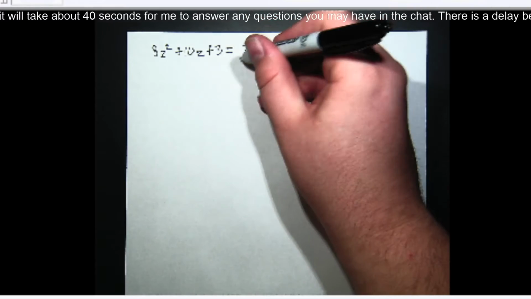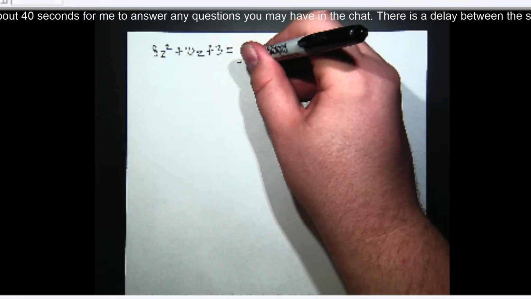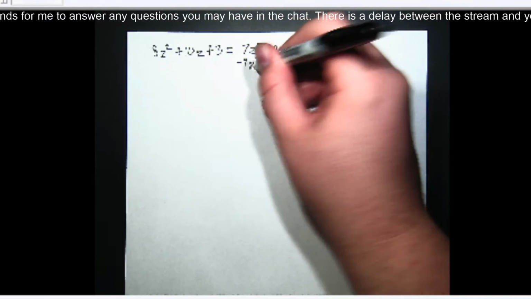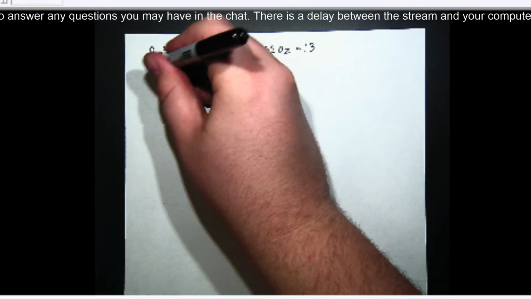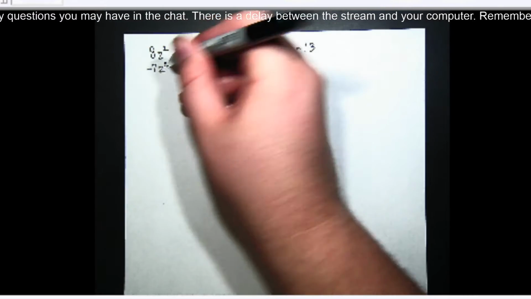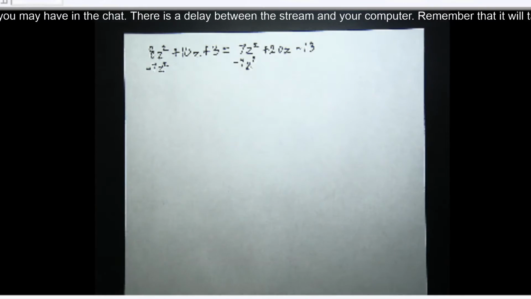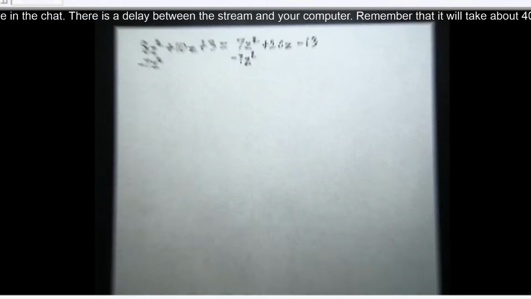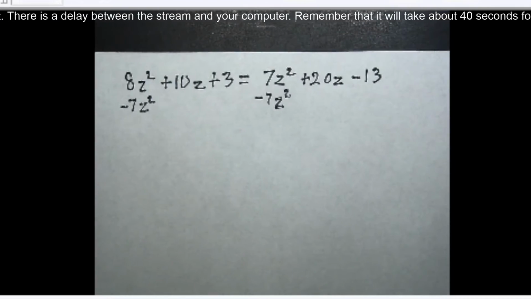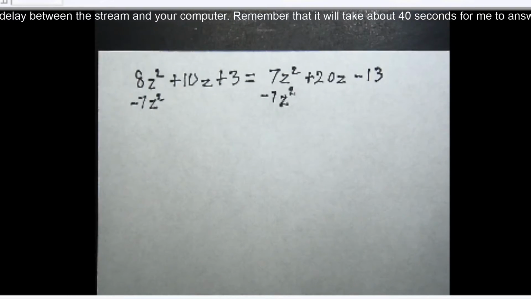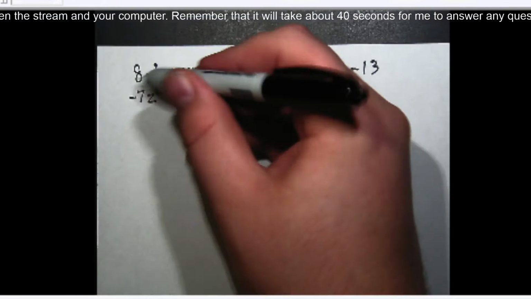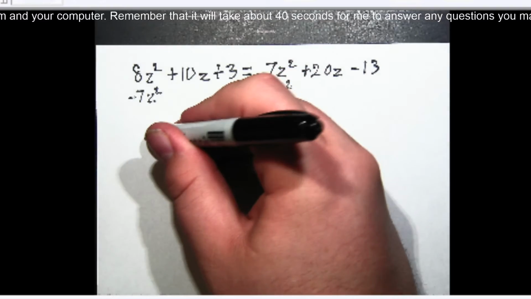Okay. So for instance, I can move 7, minus 7z squared on both sides. Zoom in a little bit. So that'll give us a single z squared here.